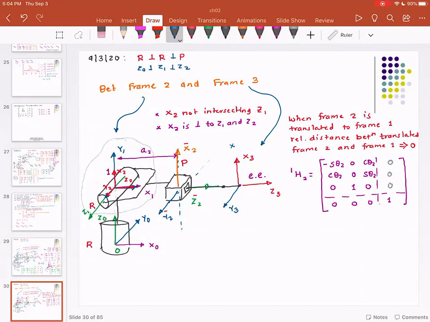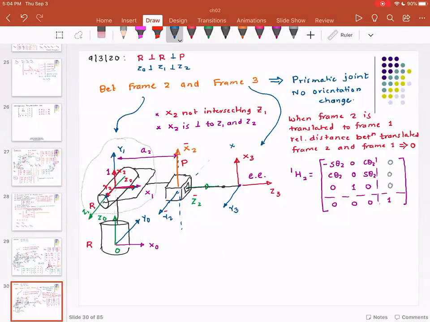It's not a revolute joint. So we have a prismatic joint, which means there is no change in the orientation. The only thing that would change is the relative distance.